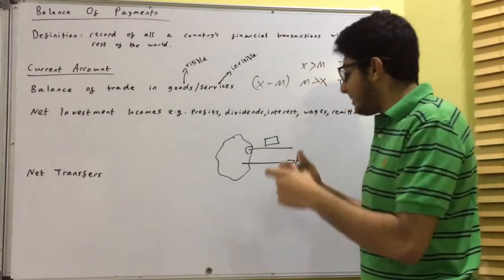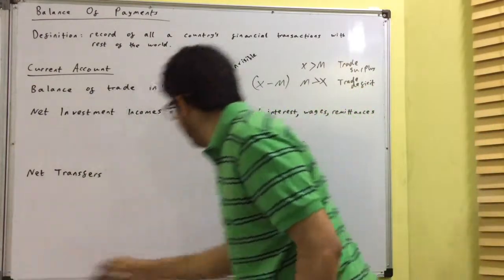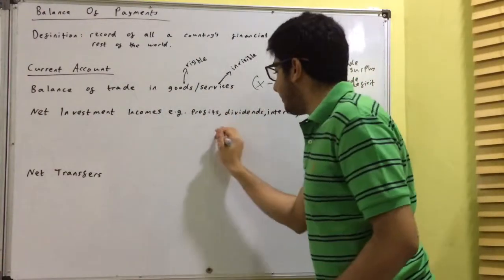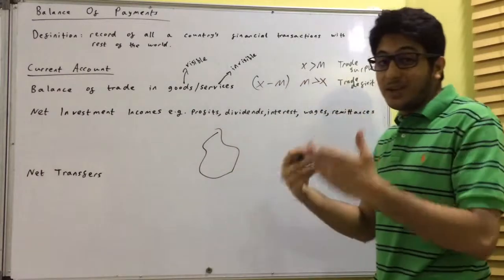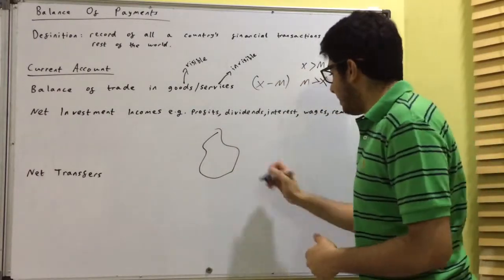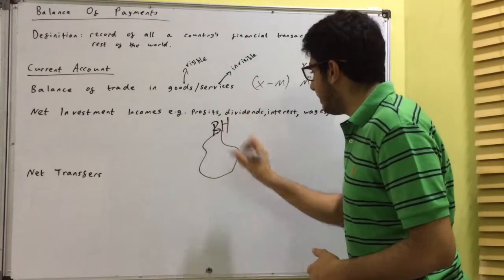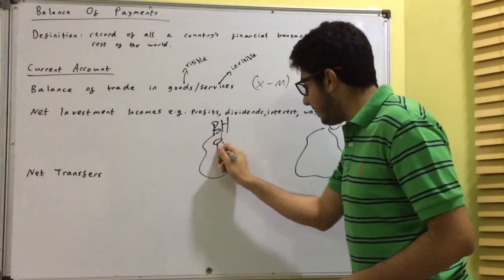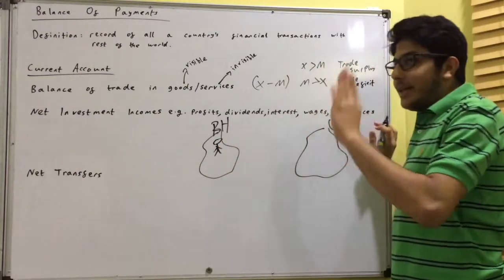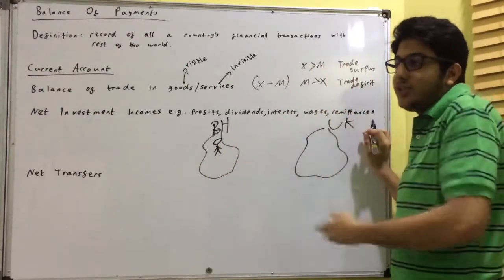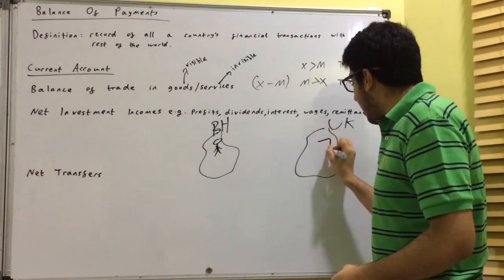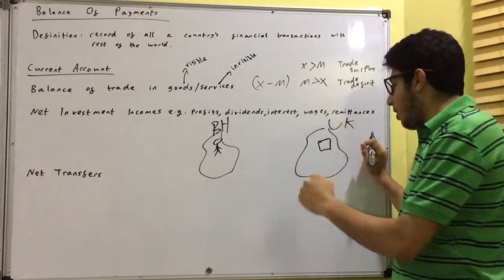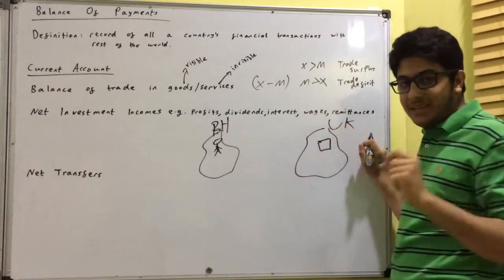Okay, so for example, I'm in Bahrain. For those of you who don't know, that's a country next to Saudi Arabia. So that's Bahrain, and this is the UK. That's me in Bahrain. Let's say I have a transnational or multinational company, a company based in the UK, and I earn a share of the profits made by that company in the UK.